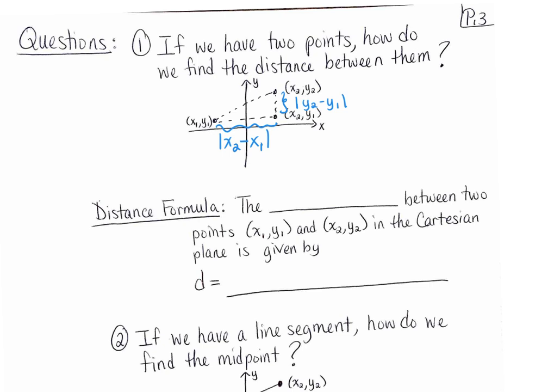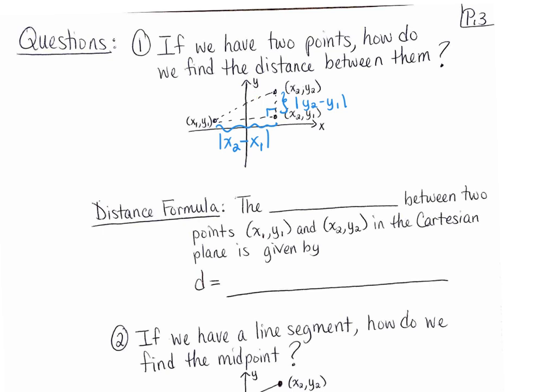So if we want the distance between these 2 points, do you remember, if we have a right triangle, what big theorem is associated with that? Pythagorean theorem, right? If we use the Pythagorean theorem and we know what this is and we know what this is, then we can find out what this leg is. This is going to give us our distance.